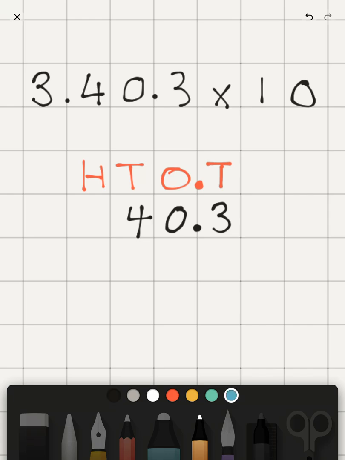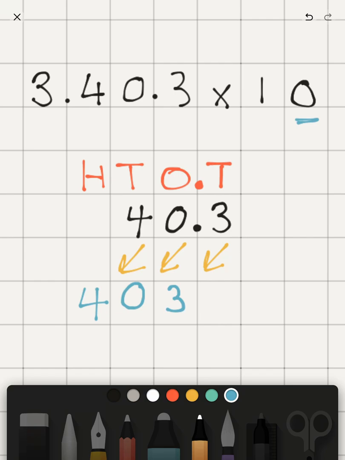Just like we have before, we're looking at how many zeros there are that we're timesing by. So here we've got 1 zero, so we are moving everything again to the left, just one place. Our 3 is moving along into our 1s column, our 0 is moving along into our 10s column, and our 4 is moving along into our 100s column.